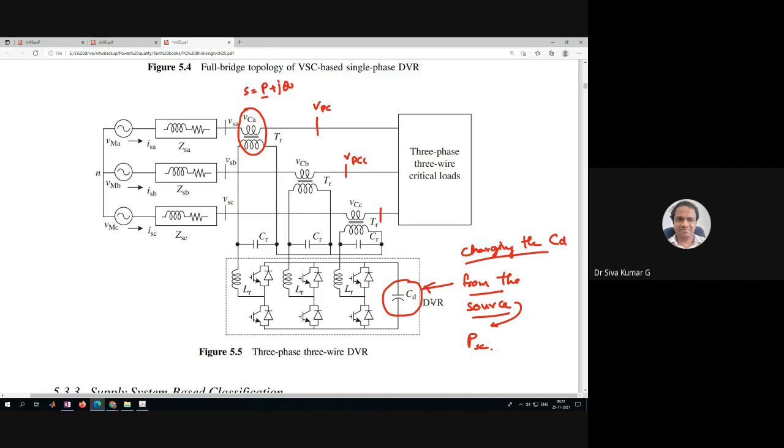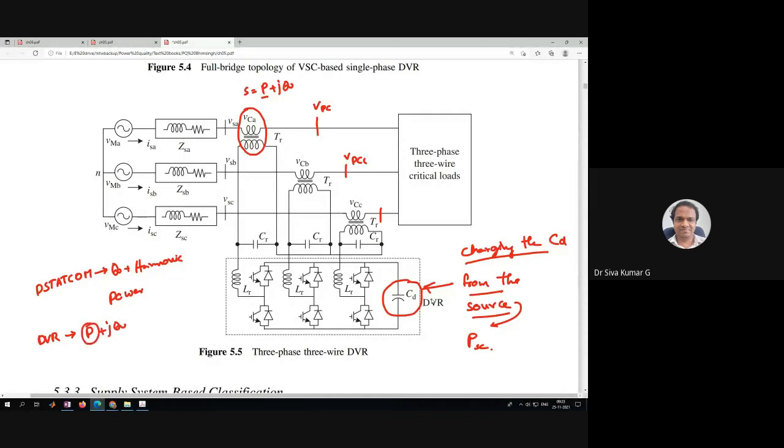Here they charge the capacitor from the source itself, the way we have done it in the DStatCom. But in the DStatCom application, it is different. The DStatCom applies only the reactive power as well as the harmonic power, whereas the DVR or the series active power filter is injecting the real power as well as the reactive power.